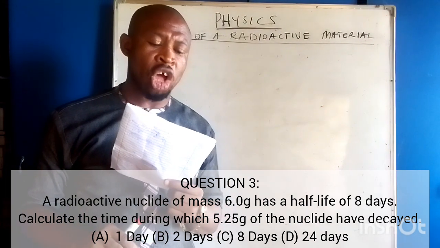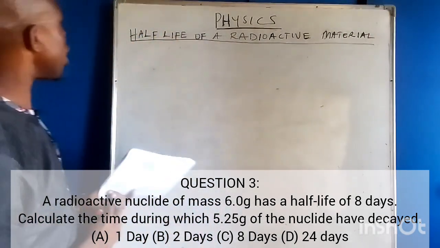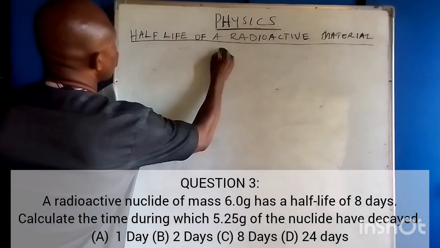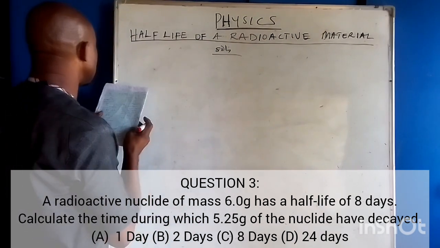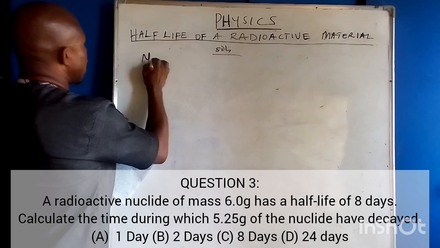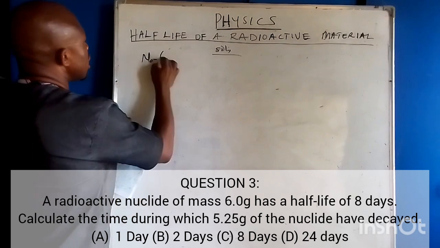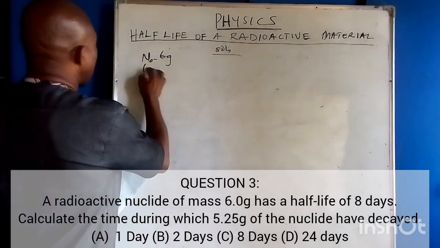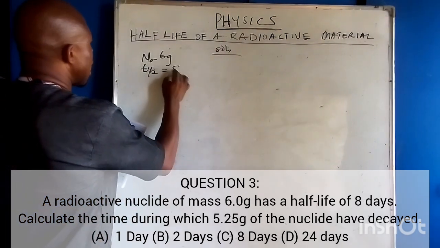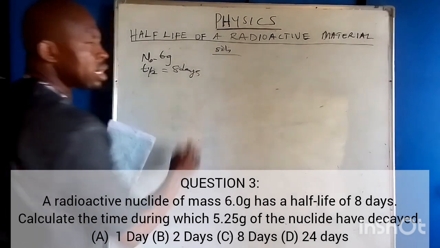Now, solution. From this, we have that the original mass N naught is 6 grams. Now the half-life is 8 days.